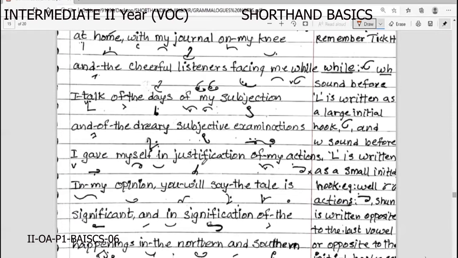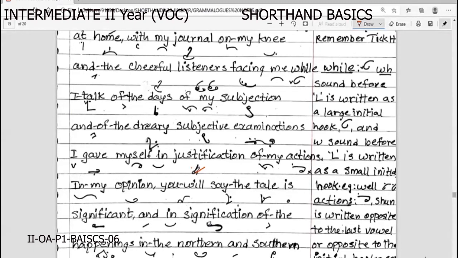Justification. Now look at this word here. Justification. Okay. So I have written here, one minute. You're going to write justification with an S loop on this side, not the opposite direction.